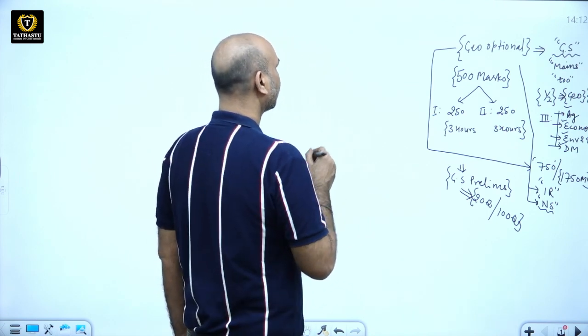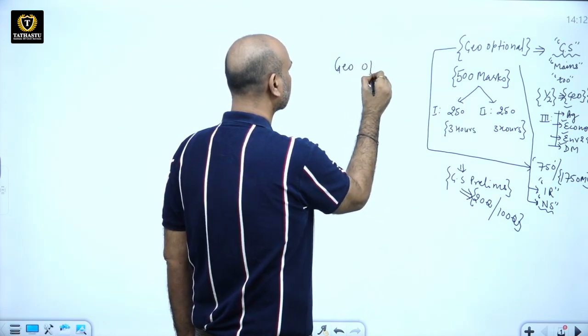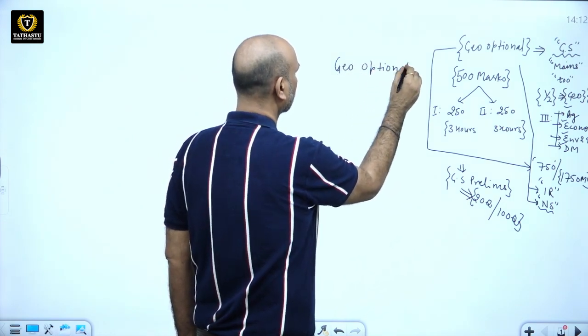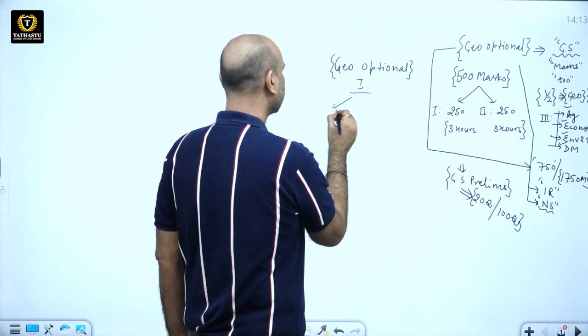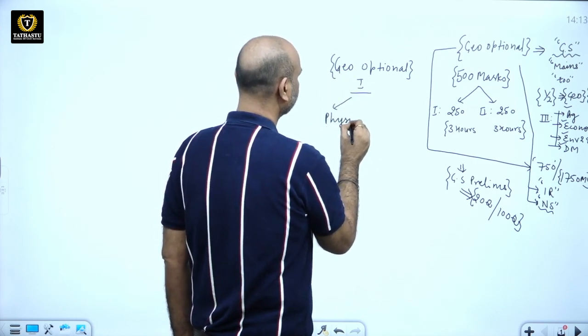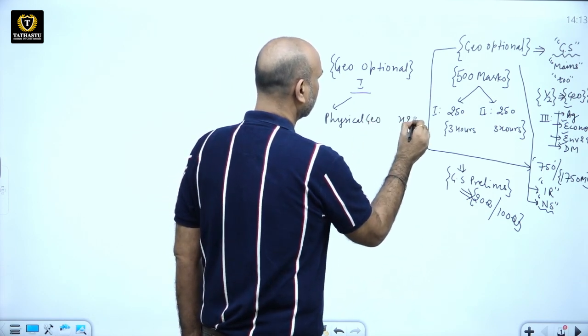Remember that in the first paper of geography optional, we have two main sections. First is physical geography and second is human and economic geography.